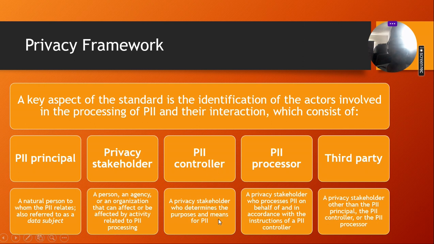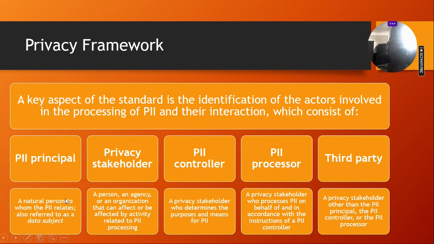The PII controller is the stakeholder that determines the purpose and means of the PII. Then the PII processor is also a stakeholder that determines what mechanism they are going to use. Then the third party is a privacy stakeholder other than the PII principal and the PII controller, somewhat different from both the principal and the controller. So these are the people.